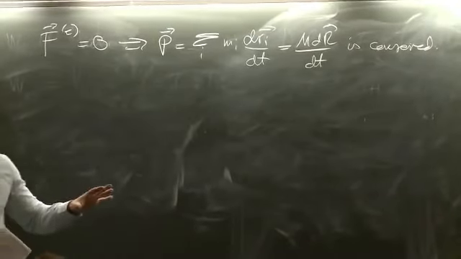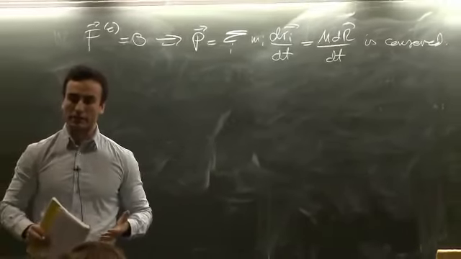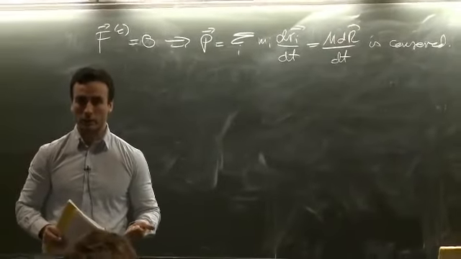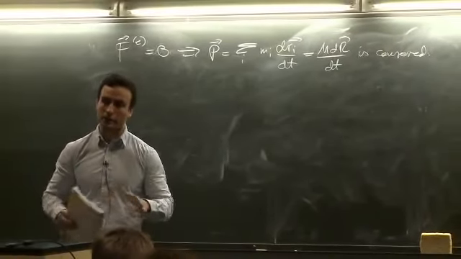So let's now try to extend this type of reasoning to the angular momentum and the torque, which is relevant for systems where we have some kind of rotational motion.